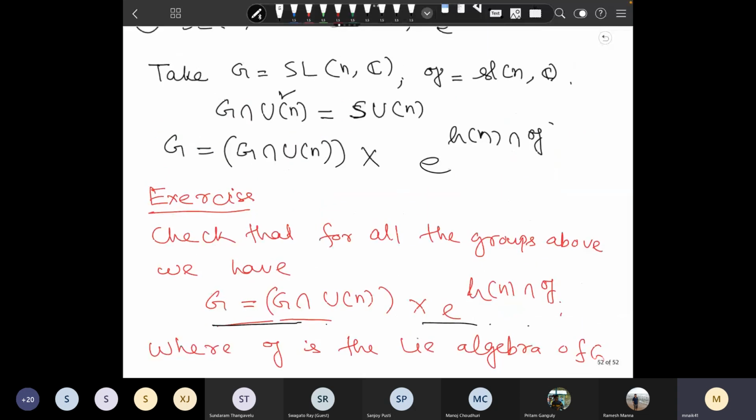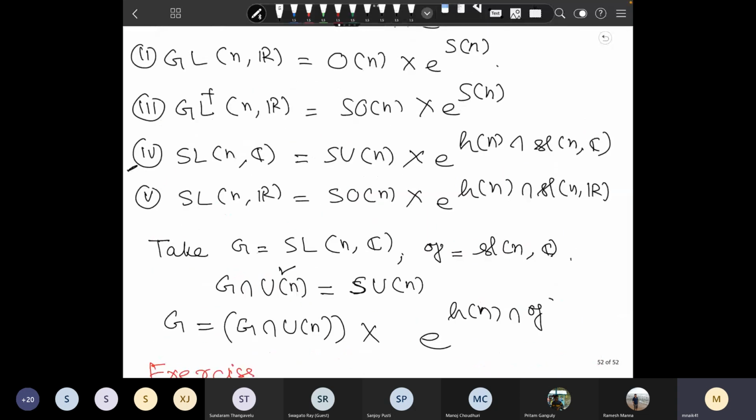Let us see. See this SLNC. This is nothing but the set of all invertible matrices inside GLNC with determinant 1. And you know that determinant is a polynomial function. So SLNC is given by some set of polynomials.